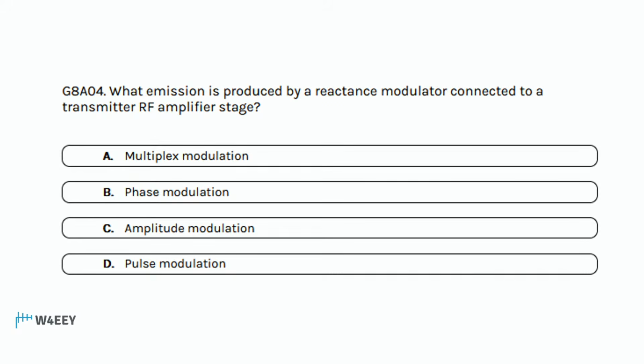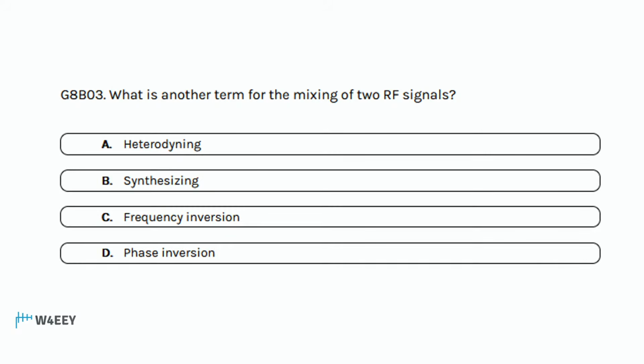Bravo. Phase modulation. When it's not connected to an oscillator and you have a reactance modulator, it's going to be phase modulation. And what is another term for the mixing of two RF signals? I think Mr. Fessenden. Yeah, heterodyning, which is why we call the old classic radios superheterodyne radios. More about that coming up.